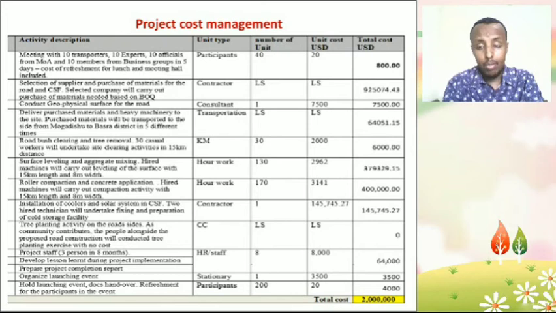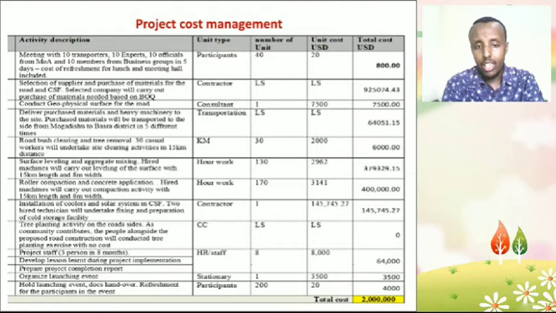If you need the project BOQ in detail, you can review it in the project book, the bill of quantities. The cost of all materials will be $925,075.